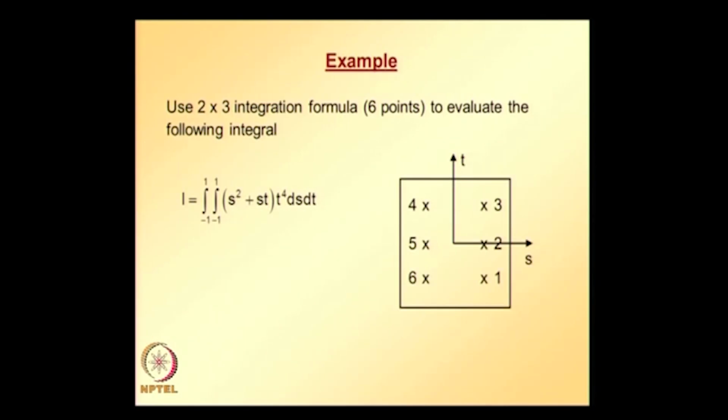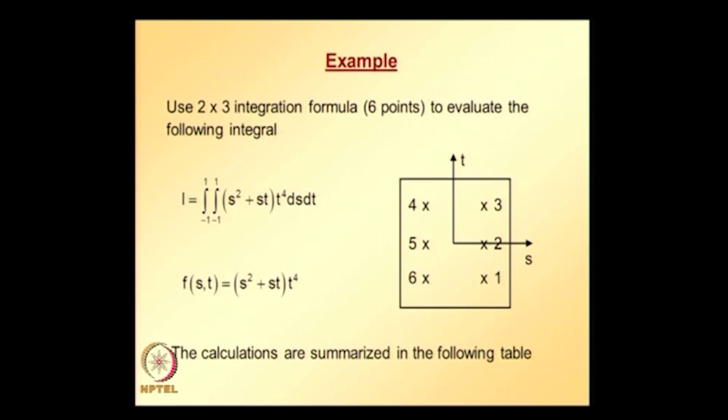The locations of these 6 integration points along the s and t directions are as shown in the figure, and this is the integrand, and the calculations are summarized. We need to evaluate this function at each of these points and multiply with the corresponding weights. The corresponding weight is the weight along the s direction times the weight along the t direction.